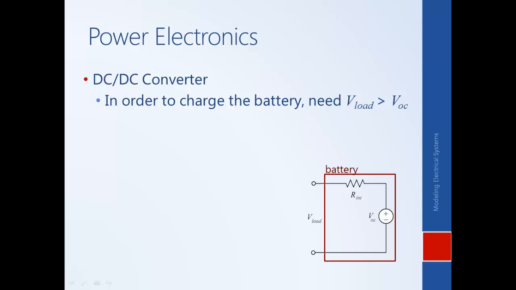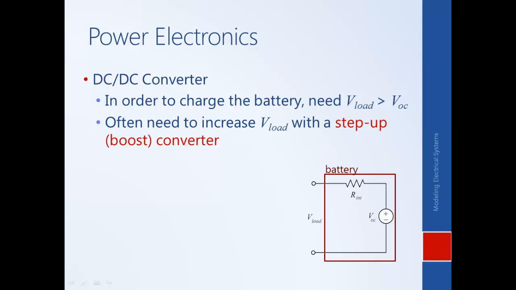If we had a braking event, with regenerative braking driving a generator, which is in turn generating voltage, we wouldn't be able to charge the battery for small braking events because the voltage would be too low. But we can use a step up or a boost converter in order to increase the voltage, stepping the voltage from the generator up to a high enough level that it can actually charge the battery.